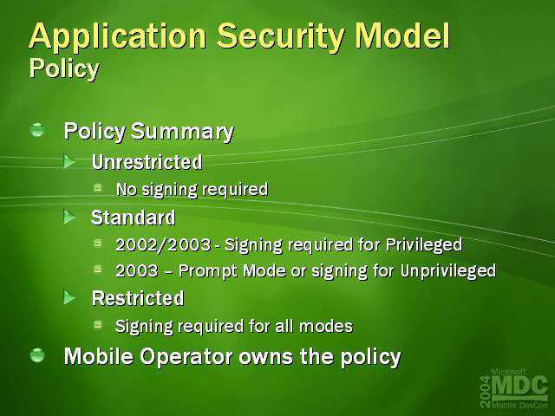If the user says, sure, we'll run this application, then your app is allowed to run. If the user says no, then you'll be denied. The person setting the policy can turn off prompt mode in Smartphone 2003. And if they decide to do that, then you must be signed in order to run as unprivileged as well. Now, restricted is the most strict of the policies, and you need to be signed to run in any mode.